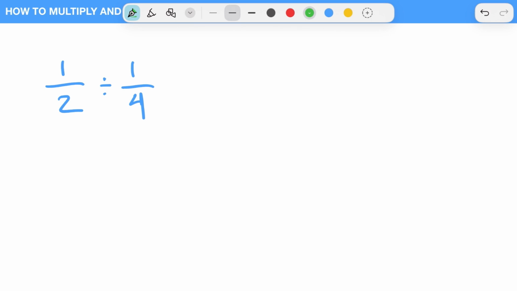When we're dividing 1/2 and 1/4, we're going to turn this into a different problem actually. We're going to turn this into 1/2 multiplied by 4 over 1. And we know how to do this, right?